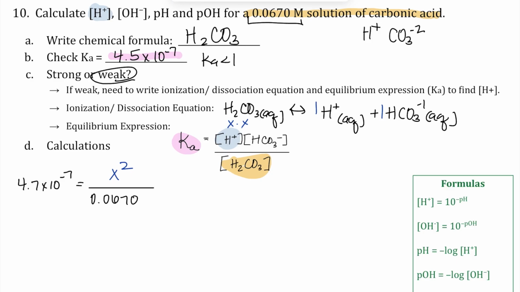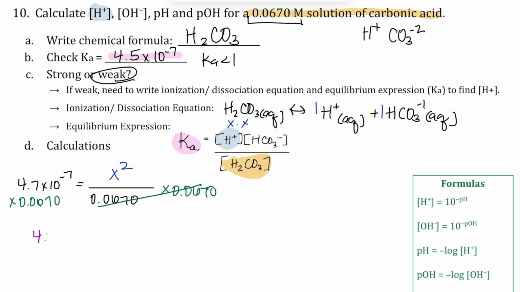And now we get to go through and solve. I'm going to multiply both sides by that 0.0670 to get the X squared by itself. So then we get that X squared equals, I don't know what that equals, so we're going to have to do the square root of both sides.